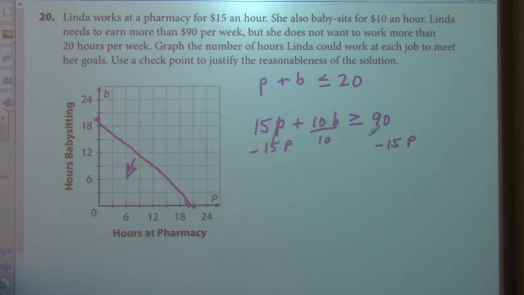So B is going to be greater than or equal to negative 3 over 2 P plus 9. So we start at 9, and then we have 9.